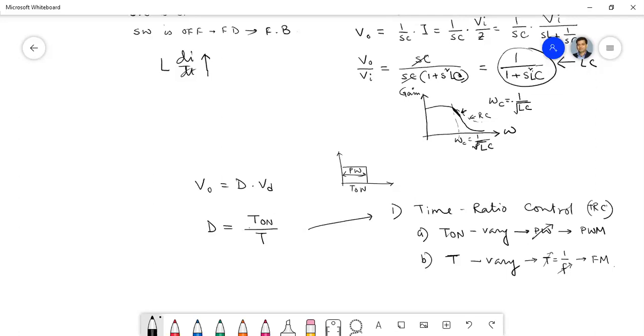Another control which we can employ for this is called the current limit control.